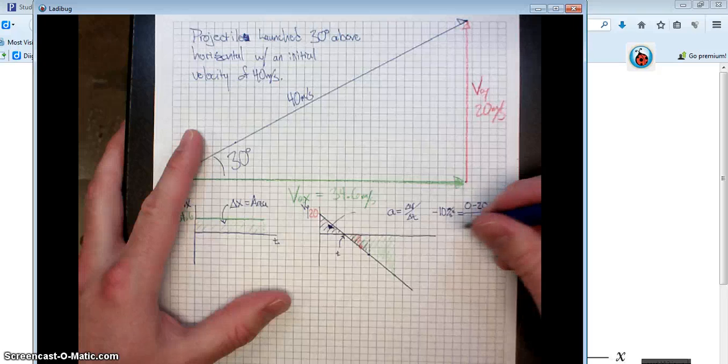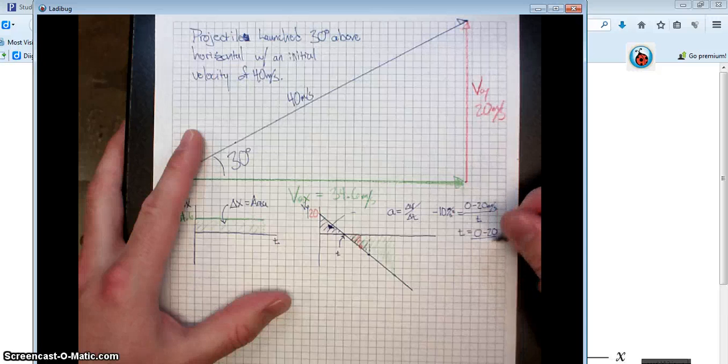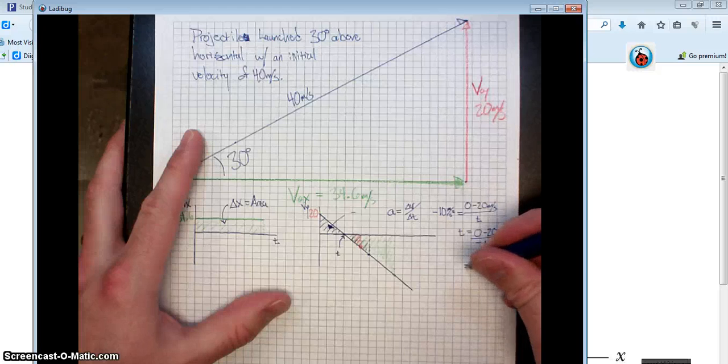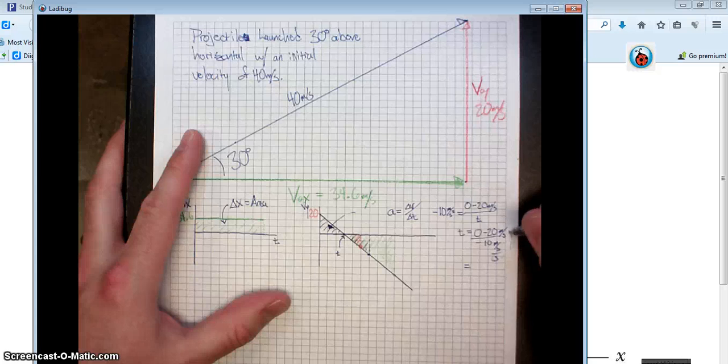So I'll use a little algebra here. Time equals 0 minus 20 divided by negative 10 meters per second. This is meters per second per second. So my answer in the end is going to be seconds after those cancel out. And yeah, that takes 2 seconds to get to this point.